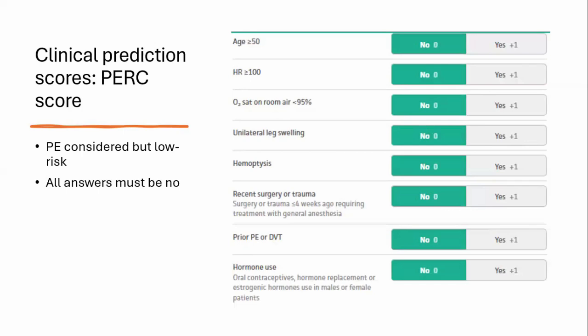But even if you fail the PERC score, it doesn't automatically mean you need to go and investigate this. So it doesn't force you as a clinician. But we should be using this for our low-risk patients to say, look, patient's PERC negative, I have a low suspicion for PE, and not pursue that anymore. I mean, you're going to save your patient time in the unit, and you're going to save your patient exposure to radiation. So, I mean, it's a good scoring system in your low-risk patient.